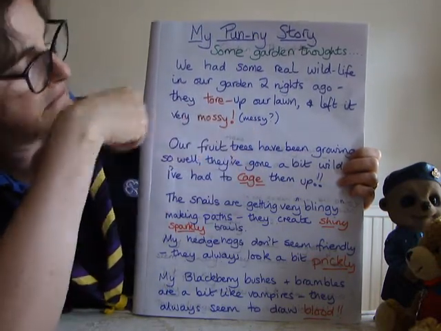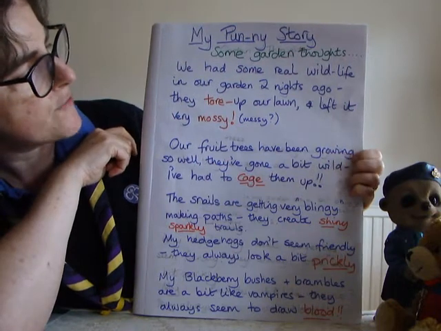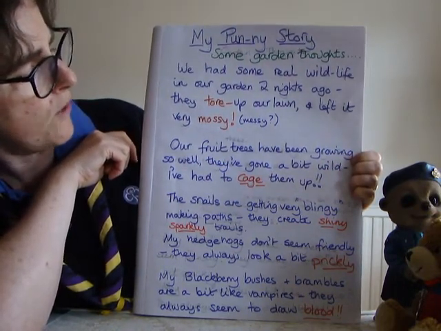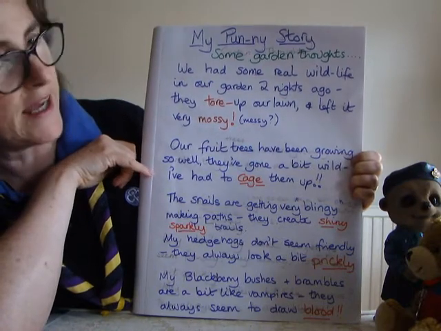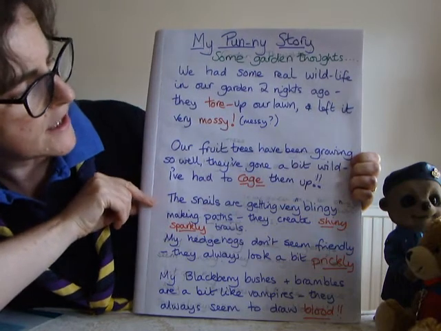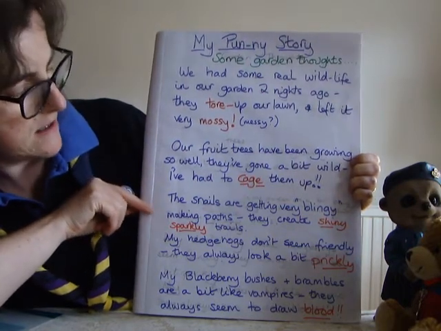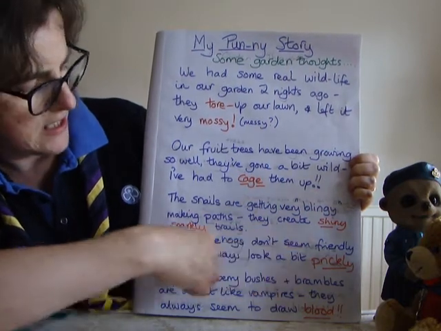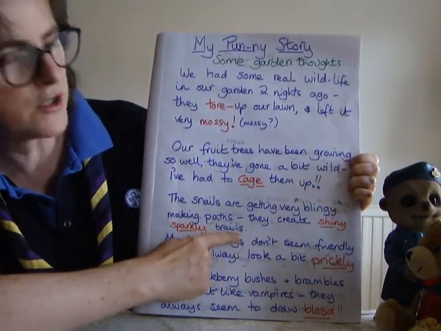Messy, mossy. Our fruit trees have been growing so well they've gone a bit wild. I've had to cage them up. The snails are getting very blingy, making paths. They create shiny, sparkly trails.